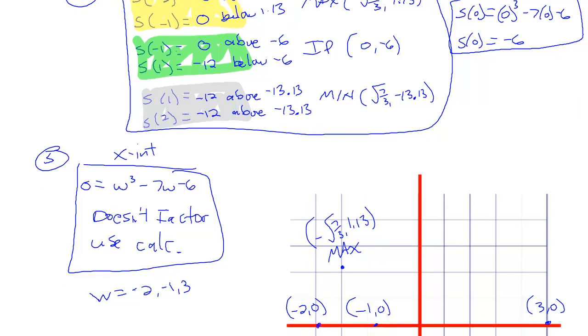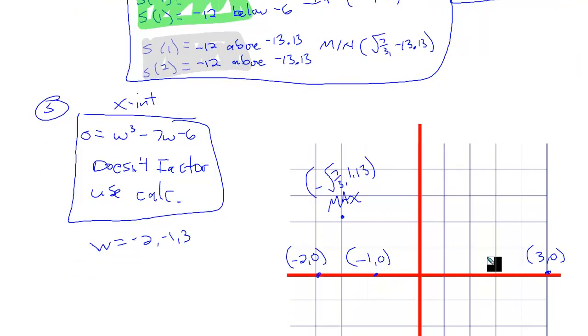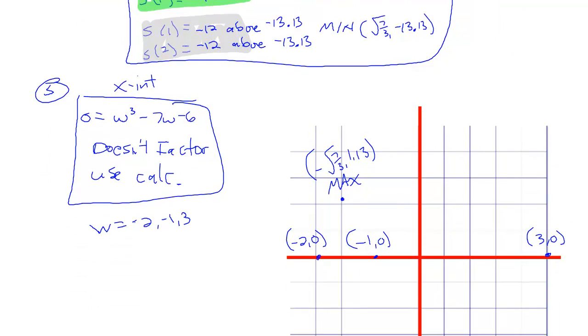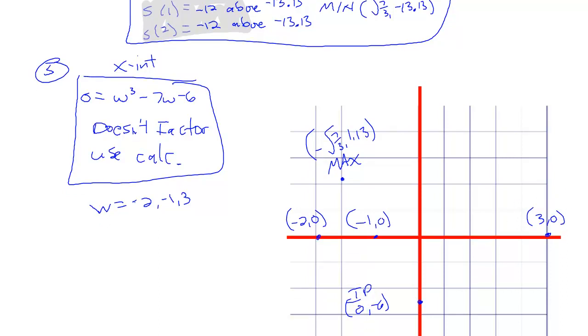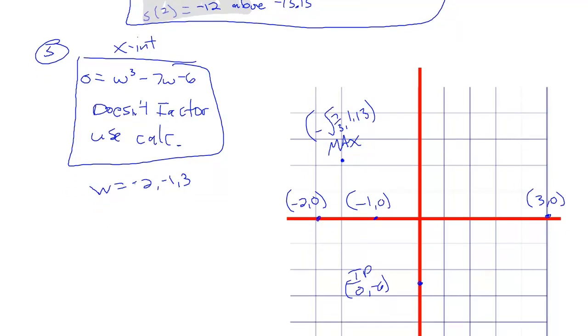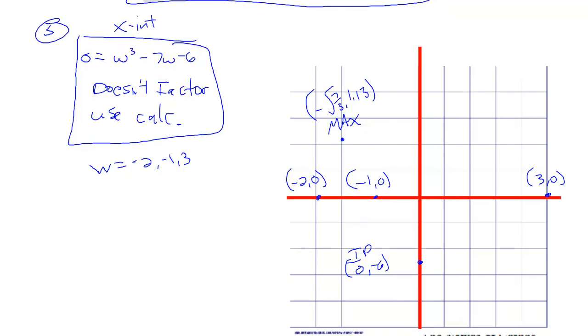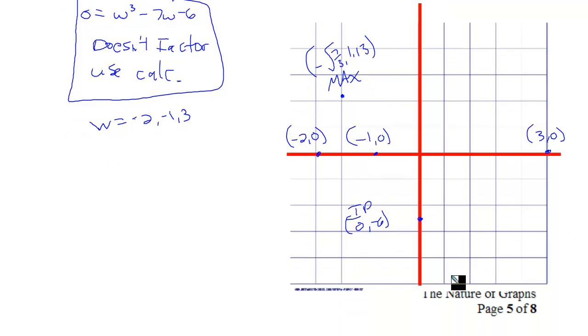Had an inflection point at -6. We'll say this is -6. And a minimum at the square root of 7/3, -13.13. We'll say that's this.